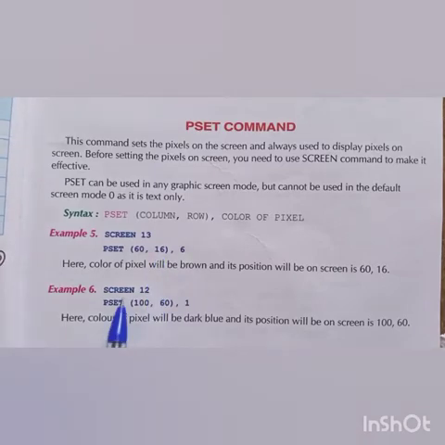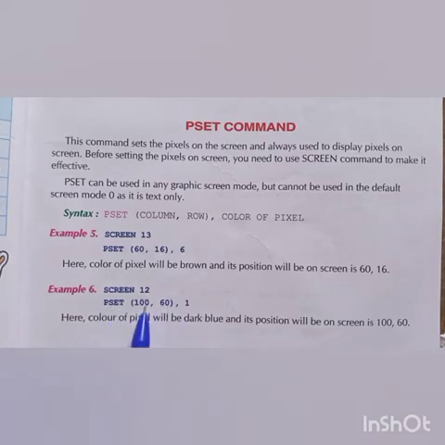Similarly, if you write SCREEN 12, again I said that you can choose any of the screens, so I chose screen 12 now. It's also a graphics screen, but the number of colors that I will get now will be only 16. PSET 100, 60, 1.